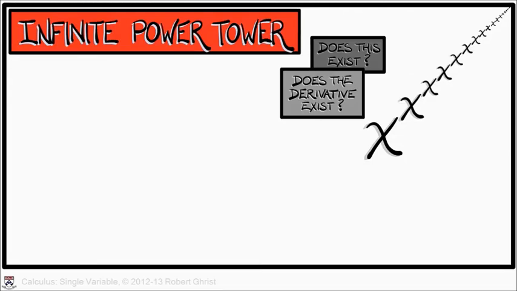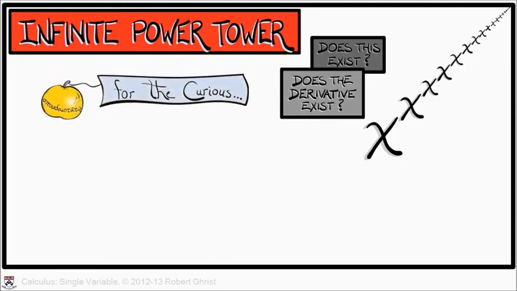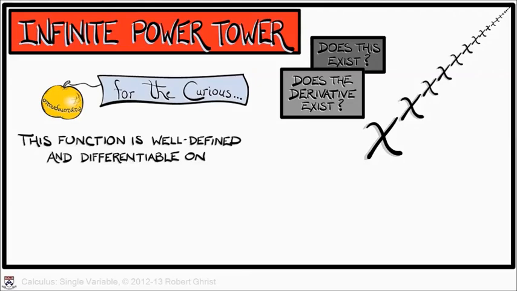Well, we're not going to do all of those details, but if you're curious, it is, in fact, true that this function exists. It is well-defined and differentiable on a certain domain, that domain being x between e to the negative e and e to the 1 over e.